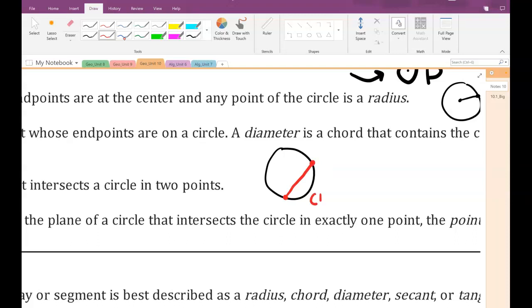Say chord. When a chord goes through the center point of our circle, we call it our diameter. Another word that you probably know. So a diameter is a specific type of chord that goes through the center.